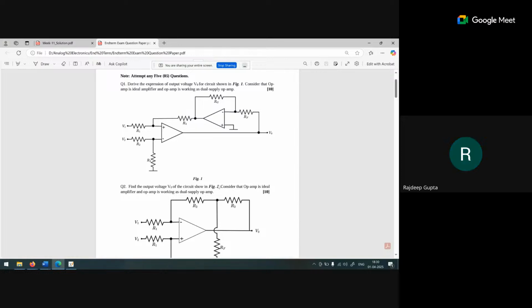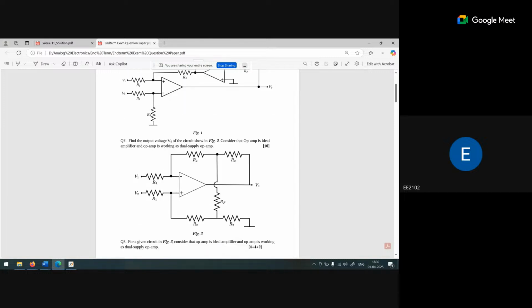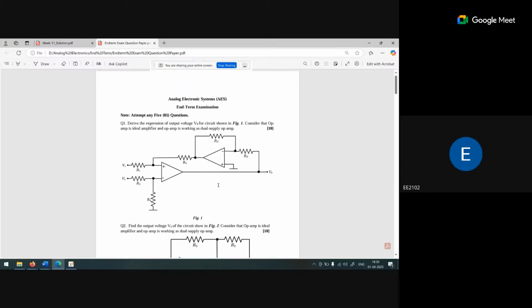So first we have to find the voltage around the R4, no? First we are getting this one. Okay, so we can apply the equation.